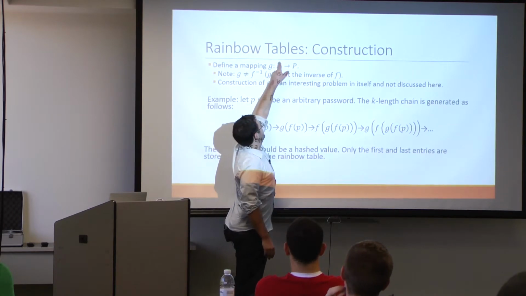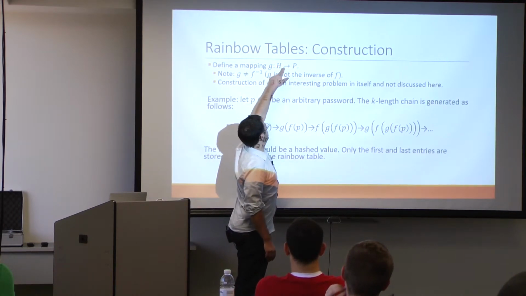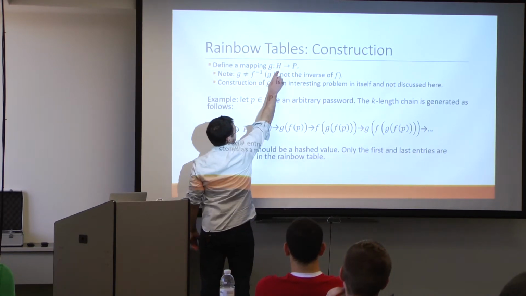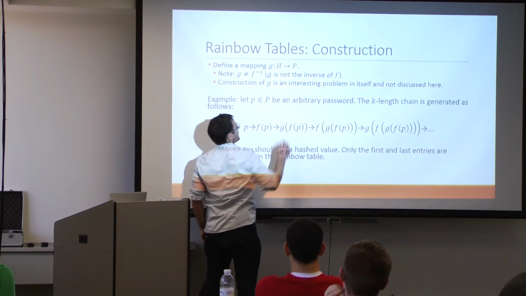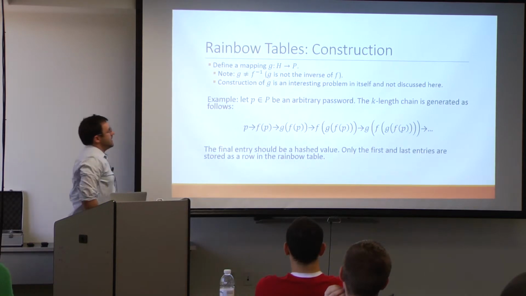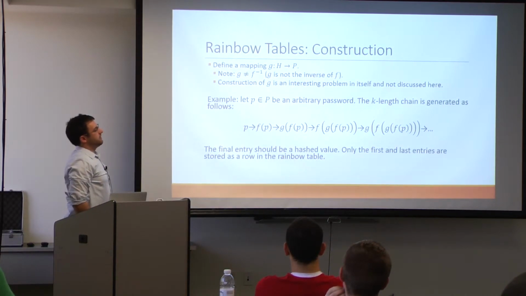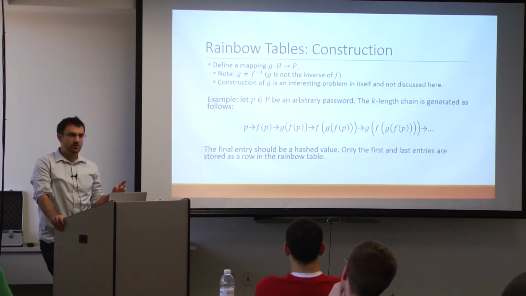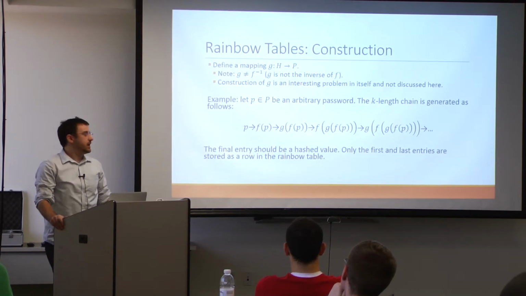H is the set of all the hashes, that space, and P is the set of all passwords. So we define a function that maps hash values to possible passwords. Note that this is not an inverse of f. It's constructed in such a way that given a hash value, you get back a possible password value that belongs to the set P.